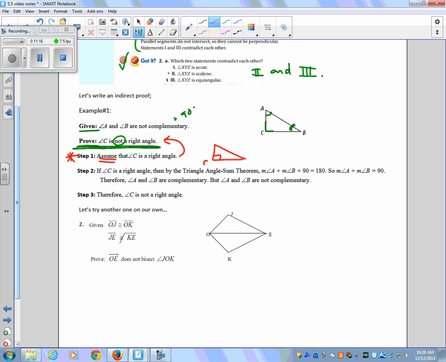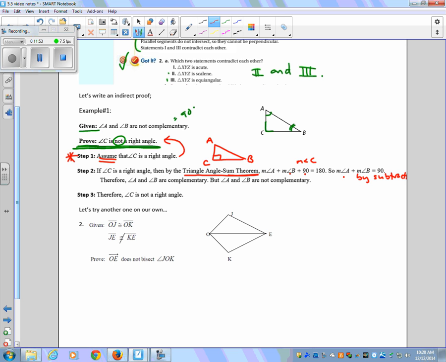I'm going to draw a new diagram with angle C as a right angle. Well, if angle C is a right angle, then by the triangle sum theorem, the measure of angle A plus the measure of angle B plus the measure of angle C equals 180. And if we know it's a right angle, then this is going to be 90. So the measure of angle A plus the measure of angle B equals 90 by subtraction.